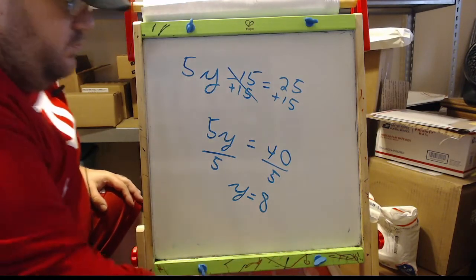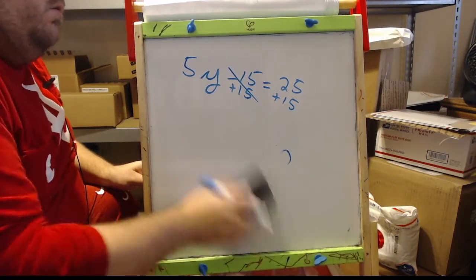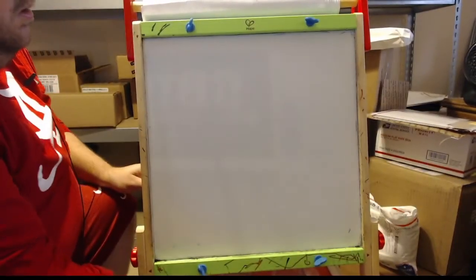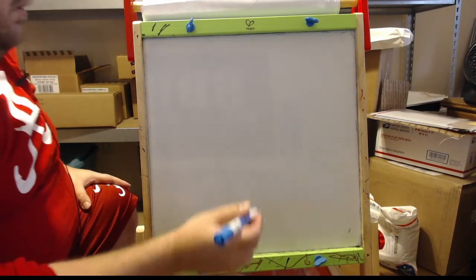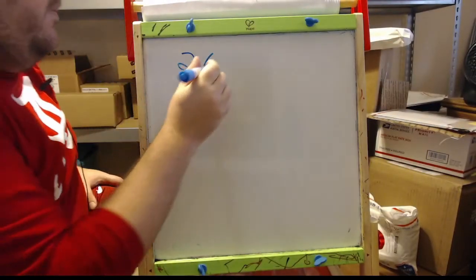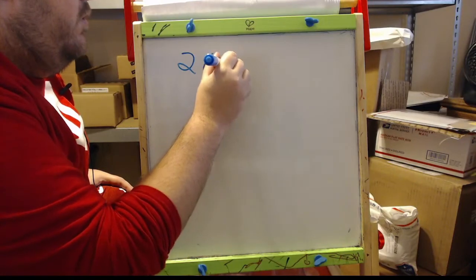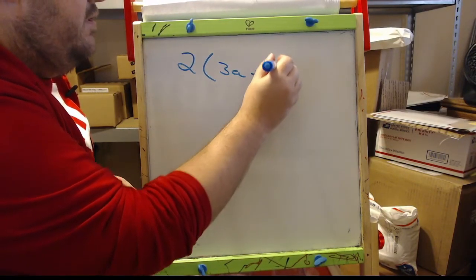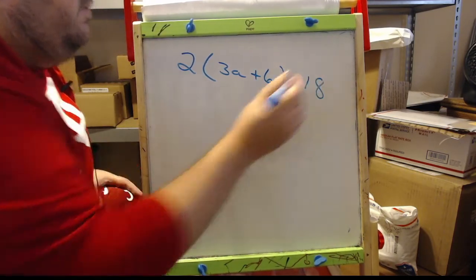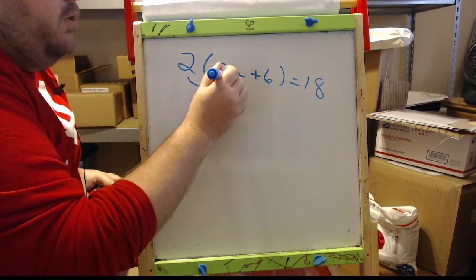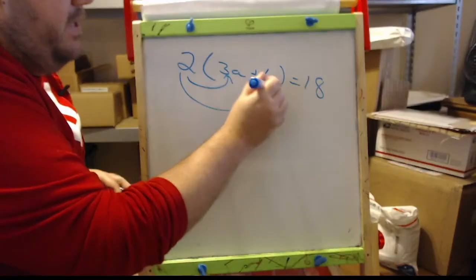Okay. Let's do one with parentheses, just so you can see it. 2 times (3a plus 6) equals 18. So we've got a little bit of complication, but we're going to multiply this by this and this by this.